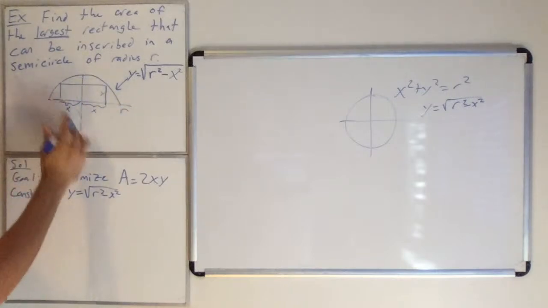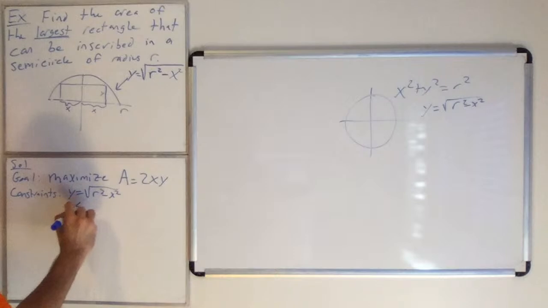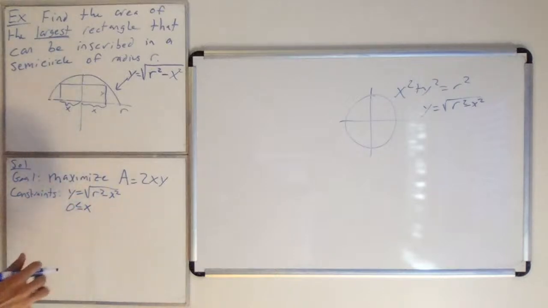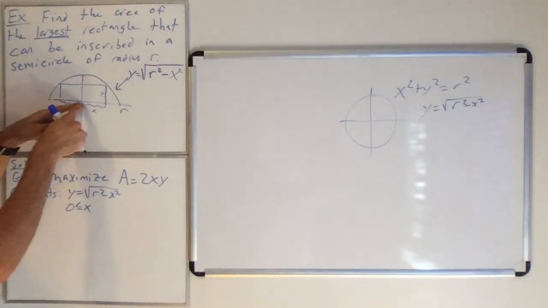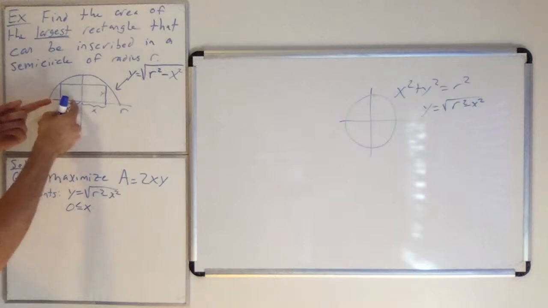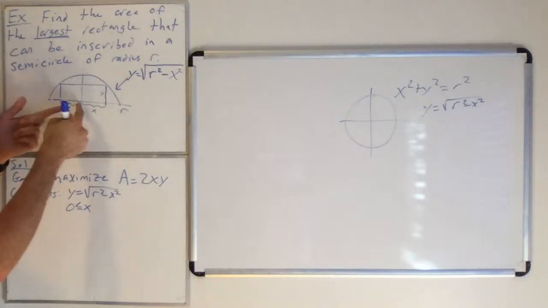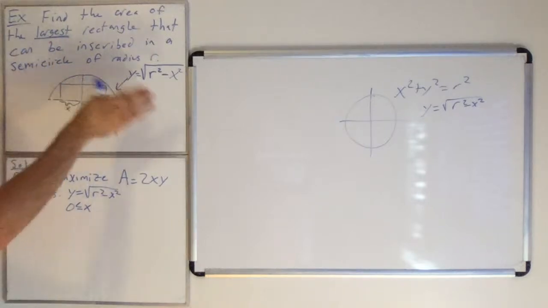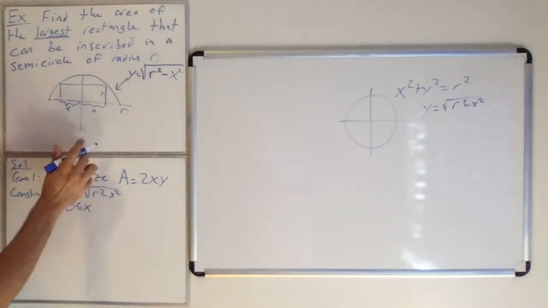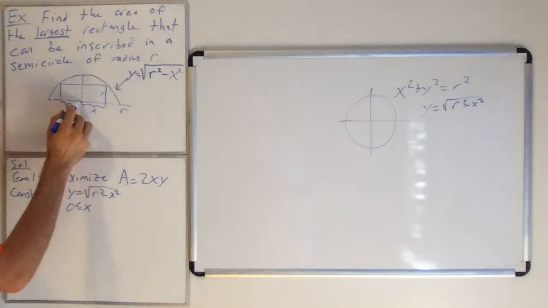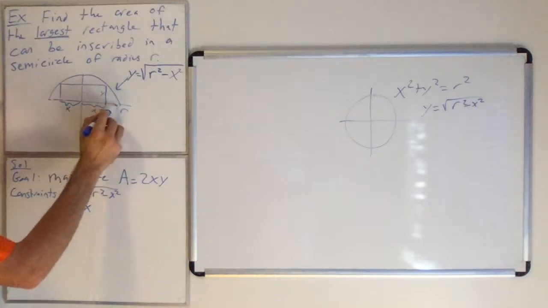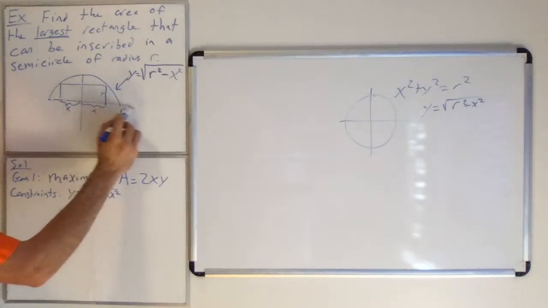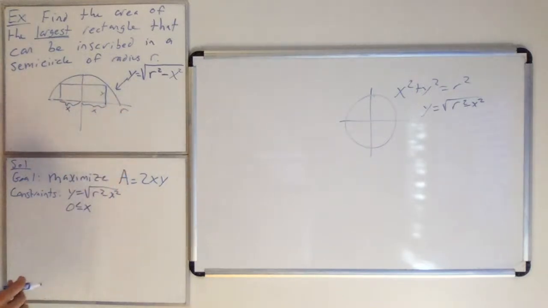So x has to be positive, because if we picked it to be negative, it would correspond to the same rectangle as when it's positive. Doesn't make any sense, or not necessary. And the largest x could be is r. If it was any bigger, it would be outside of the circle.